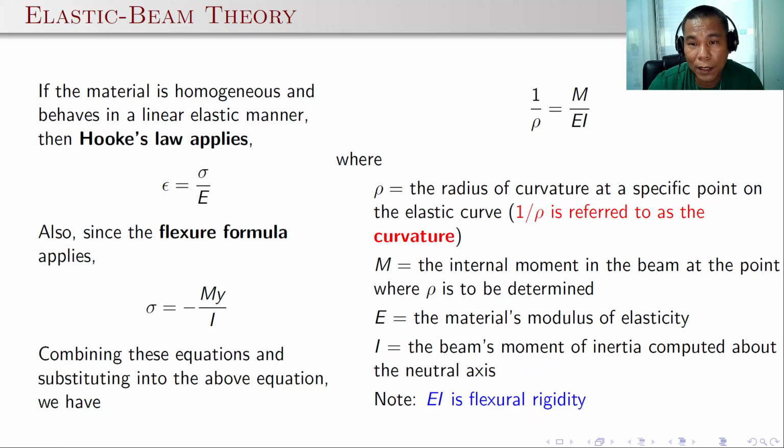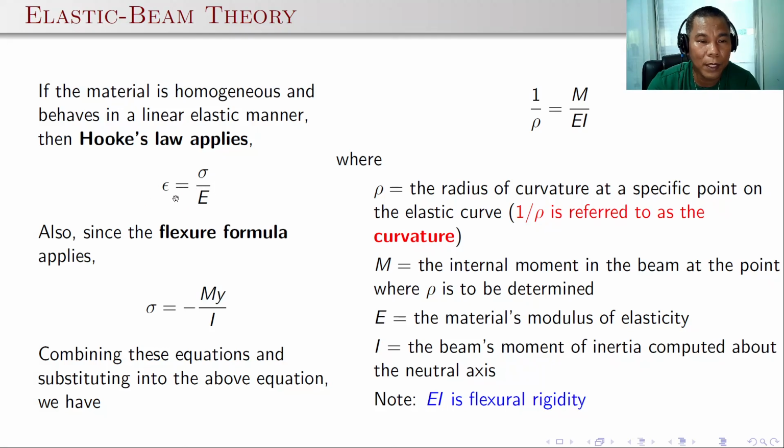If the material is homogeneous and behaves in a linear elastic manner, again, our material should be homogeneous and linear elastic, then Hooke's law can be applied, that stress is equal to epsilon times E. Or if we have to rearrange the equation, epsilon is equal to sigma over E. And also if we have to apply the flexure formula, which is stress is equal to My over I, then you can combine these two equations by substituting sigma equals minus My over I into the first equation.